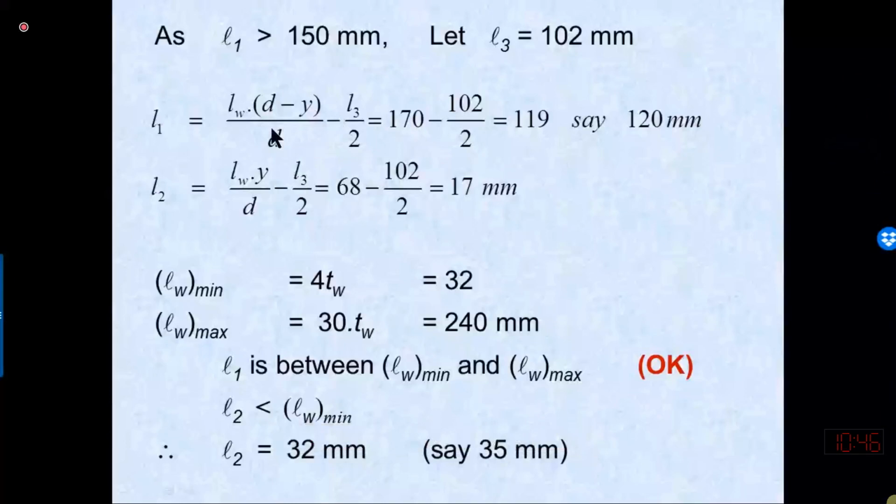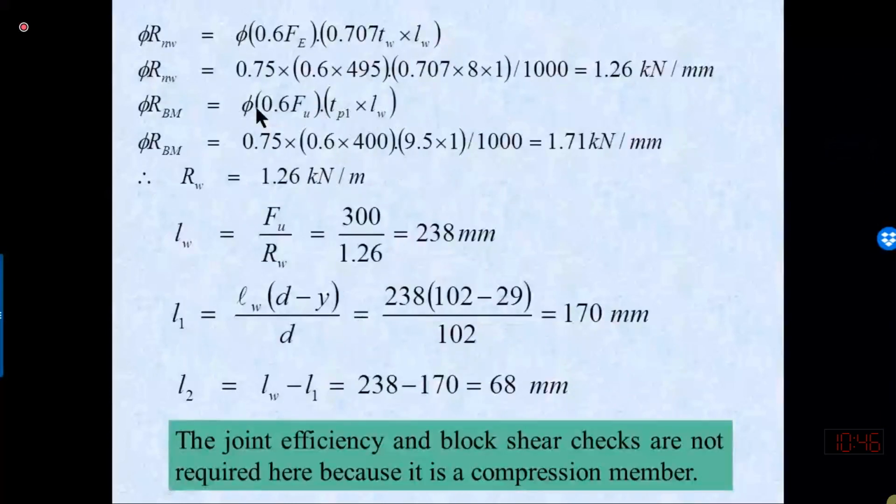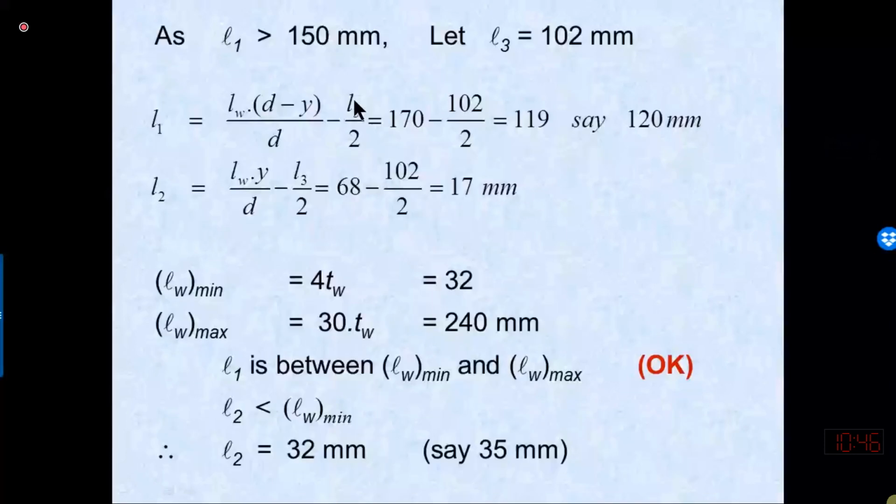So this is 17. Now you will check this value with the ACI formula, LW minimum and LW maximum. LW minimum is 4 times the thickness of the weld, and LW maximum is 30 times the weld thickness.